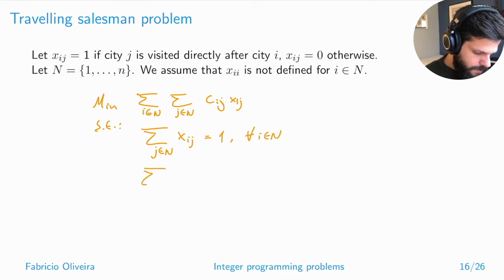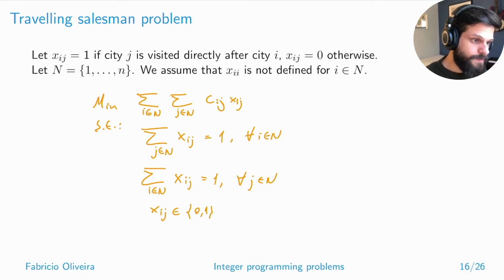And likewise, whenever I'm arriving at a city, so I'm thinking of all the cities I'm coming from, I can only be coming from one city and one city only. And these are binary variables.